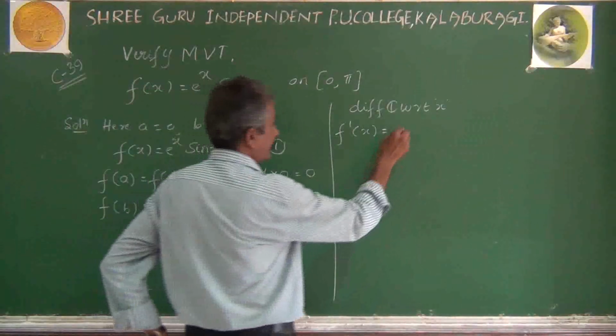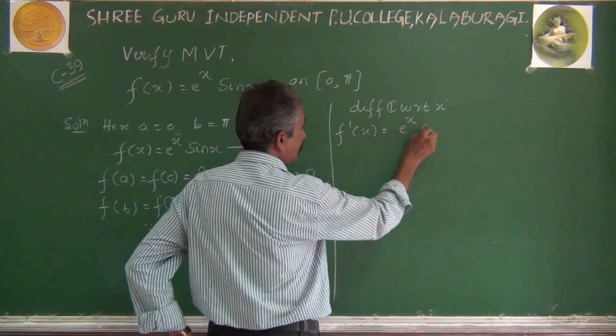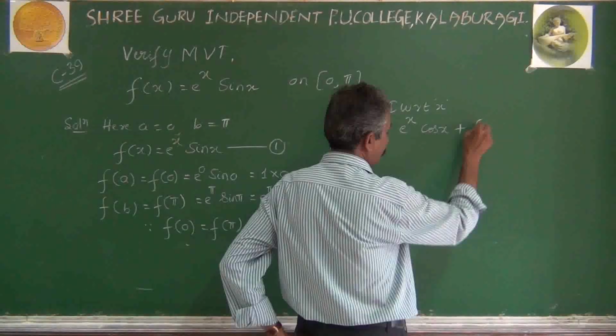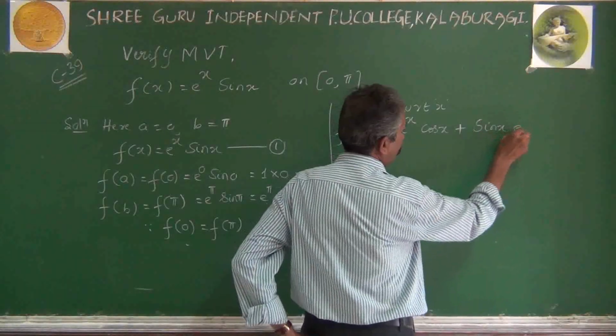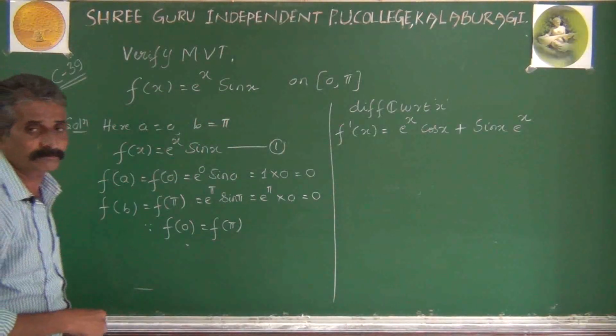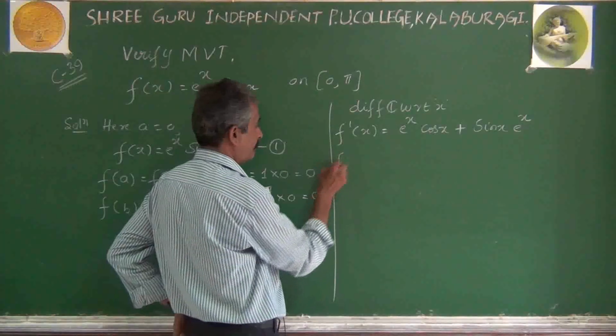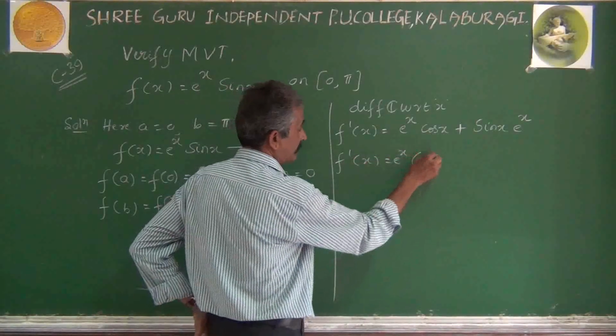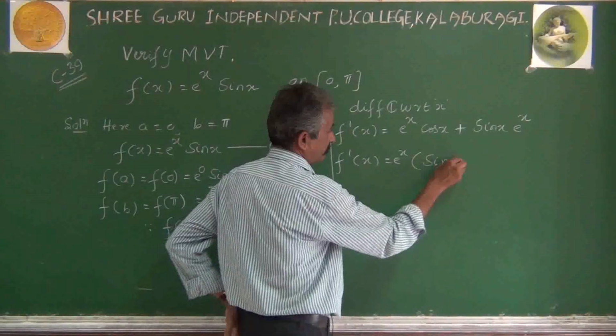First function e power x into the differentiation of sin x, which is cos x, plus second function sin x into the differentiation of e power x, which is e power x. Or f dash of x equals e power x, common in the bracket, sin x plus cos x.